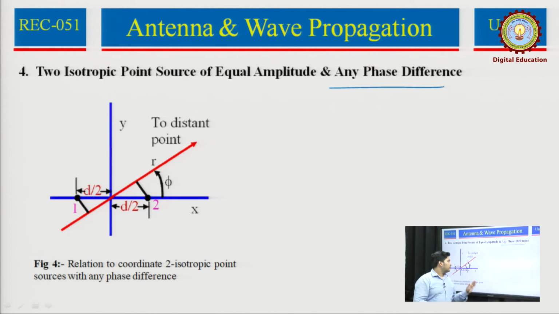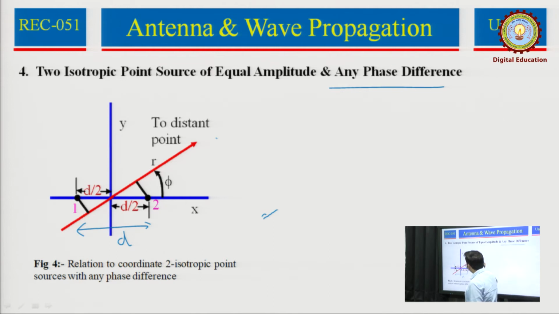So, again two isotropic point sources situated at 1 and 2, having distance d, and from the center it is d by 2, d by 2. Here is our far field point which we have to consider, at distance r, and phi is the angle.